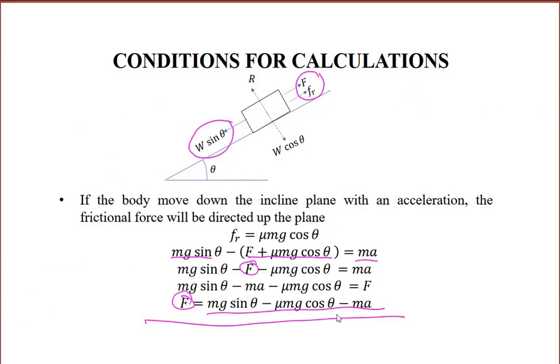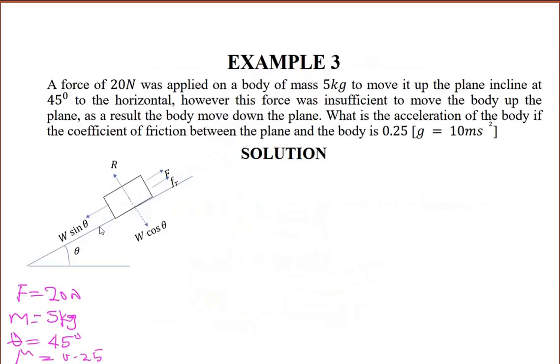From our previous slide, you can see that in this situation we have the force equals mg sine theta minus mu mg cos theta minus ma. So the force F is equal to mg sine theta minus mu mg cos theta minus ma. This force is 20 Newton.